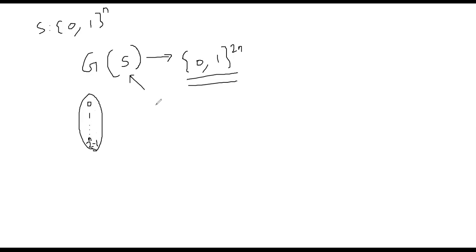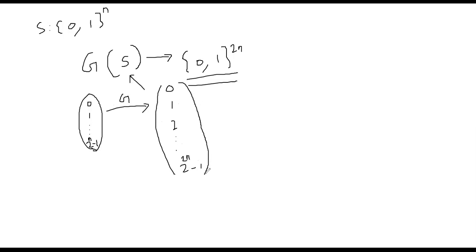G is basically transforming your seed into another set. What are the possible values of this set? It can be 0, 1, 2, all the way until 2 power 2n minus 1. These are the possible values of the output of G.